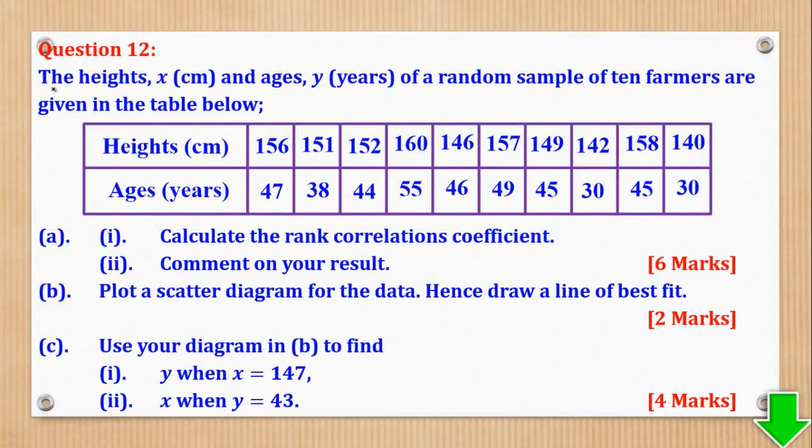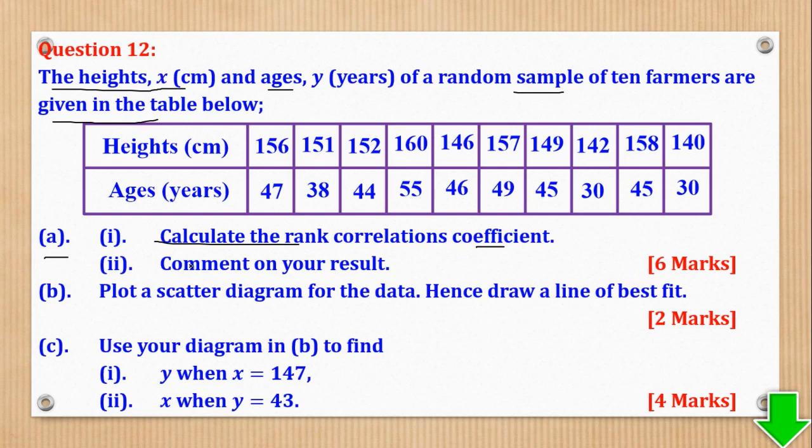Question 12 says the heights x in centimeters and ages y in years of a random sample of 10 farmers are given in the table below. Part A, Roman 1, calculate the rank correlation coefficient. In A level, it is only one correlation coefficient which is still on the syllabus, because product moment is no longer on the syllabus, Kendall's is no longer on the syllabus.